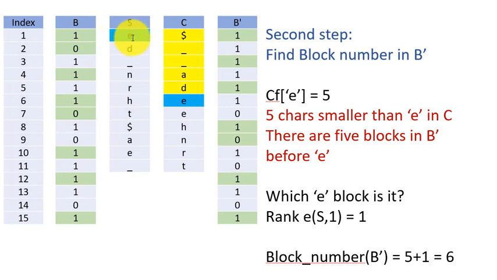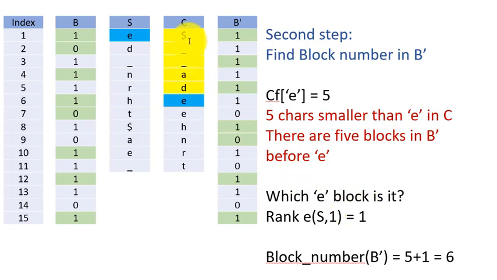So the first E should be here. How many E? There's only 1. There's only 1 E block we see before the position of block 1. So let's just simply put 1 here.